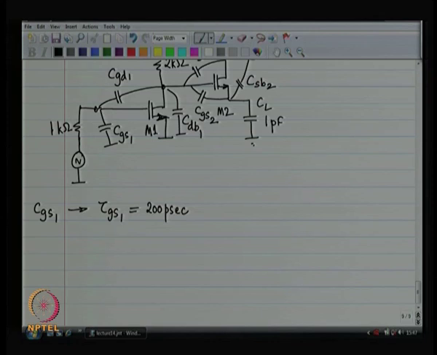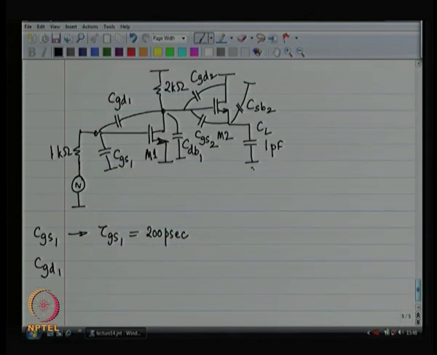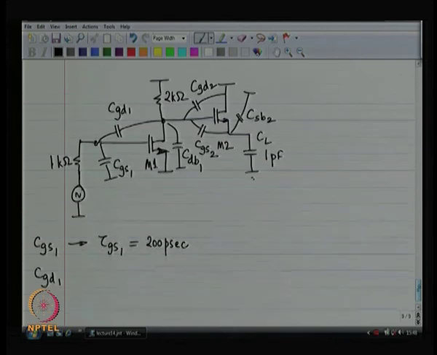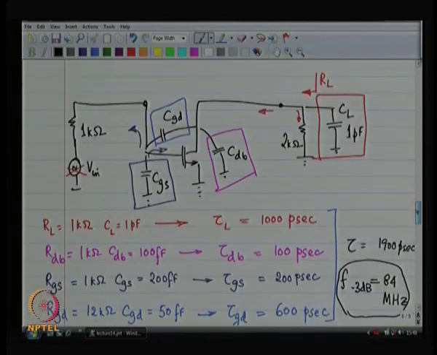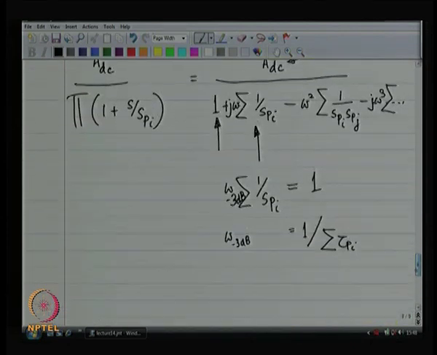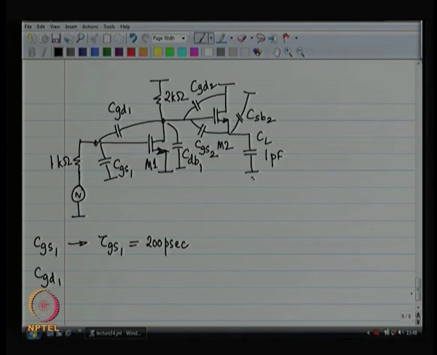Then CGD1, is there a change as far as CGD1 is concerned? When I added the new transistor, did things change as far as CGD is concerned? Did things change? I still have the 2 kilo ohm over there. So, the resistance that I see is 2 kilo ohm. I have got what I used to have, and then I have got a new MOSFET over there.